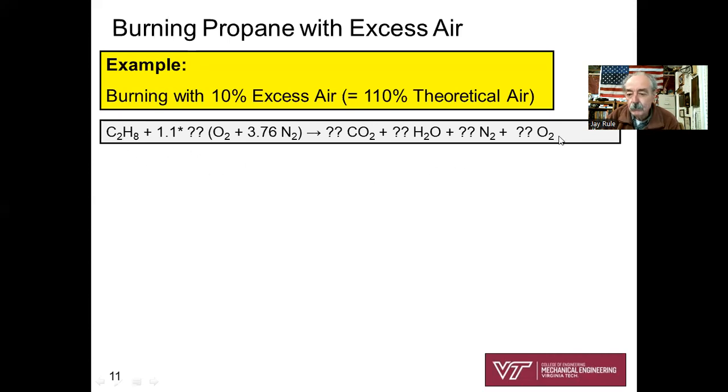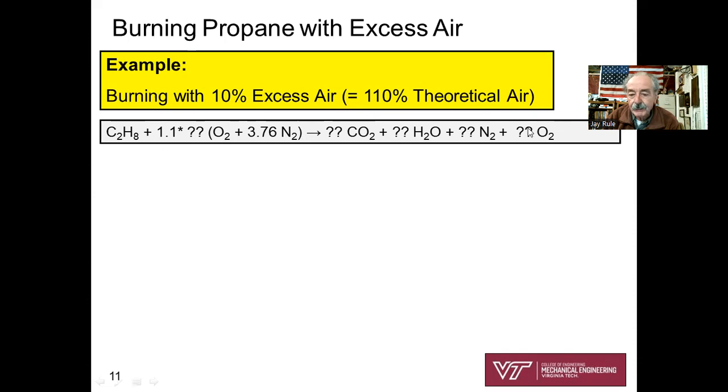Well, we will set up kind of like the stoichiometric equation, except 10% excess air is going to be the same as 110% theoretical air, or in other words, 110% of the stoichiometric air. And so that's how I put this 1.1 times.